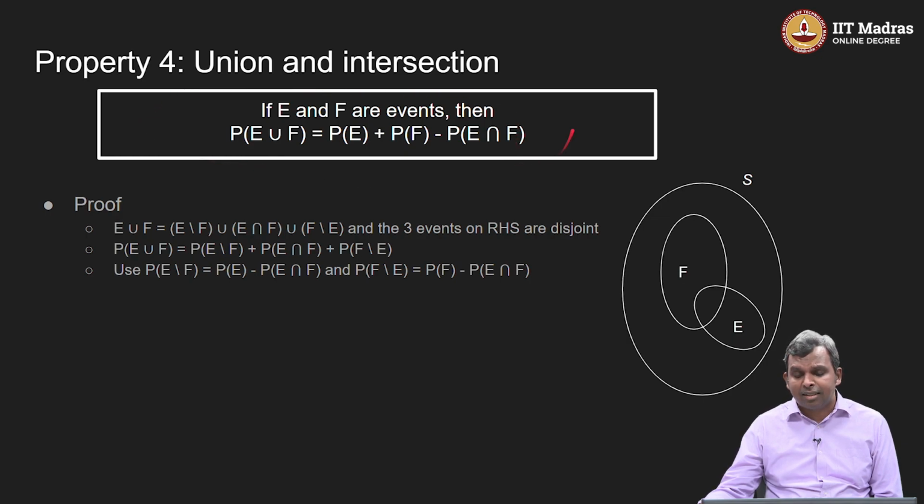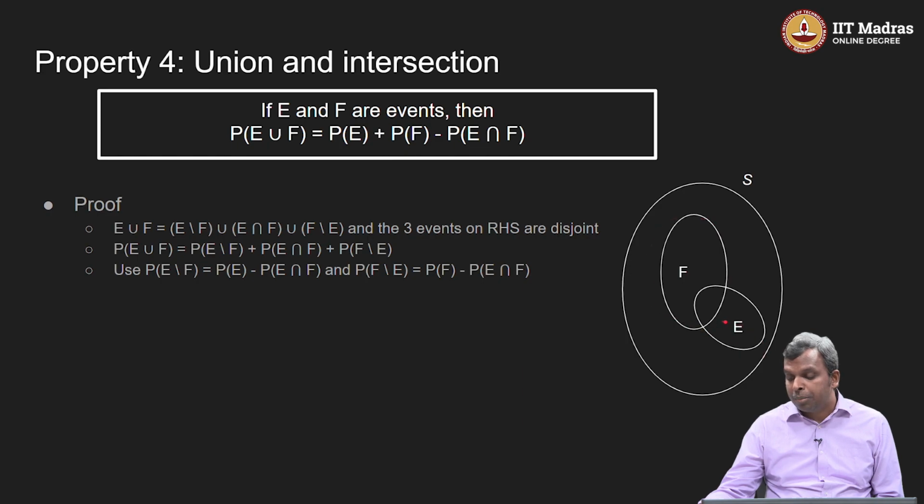So how do you understand this result? There is a proof here, and I'll encourage you to look through it. I'm not going to discuss the proof in more detail. But how do you understand this result? Here is E intersect F, and we can do a proof by Venn diagram. E union F is this whole area. P of E is this area, and P of F is this area.